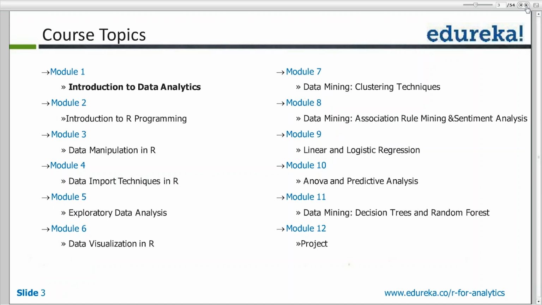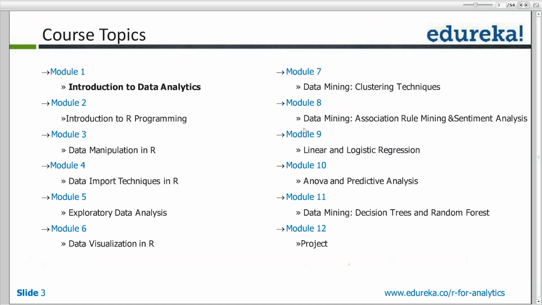So getting deeper into the overview of the course itself, this is a 12 module program of 2 hours each. The topic for today will be an introduction to data analytics. So it's not going to be a very hands-on class for today, but I promise that from the second module onwards and right till the 12th module, it's going to be extensively hands-on.